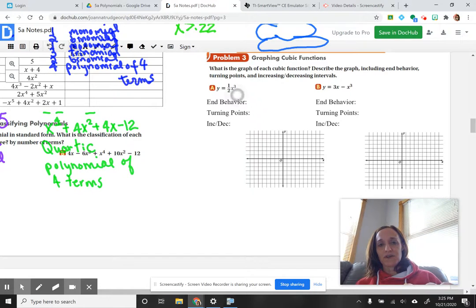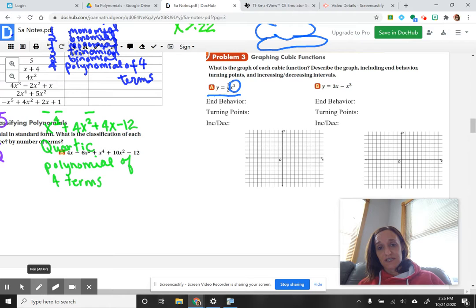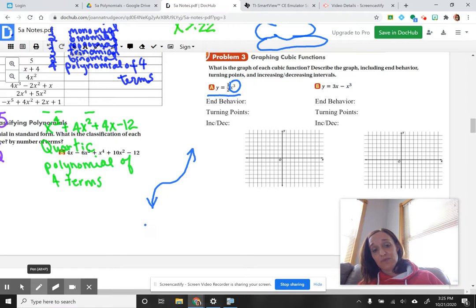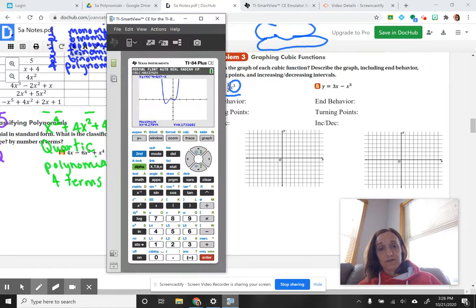Now this one here, y equals x cubed, I know it's a cubic function, and a is positive, so it should be doing something like this. Cubic functions sometimes do things like this, or they might have that kind of inflection point and not do anything at all. So we can go ahead and graph it on our calculator.